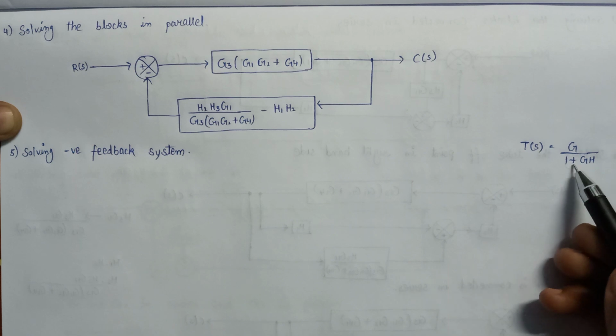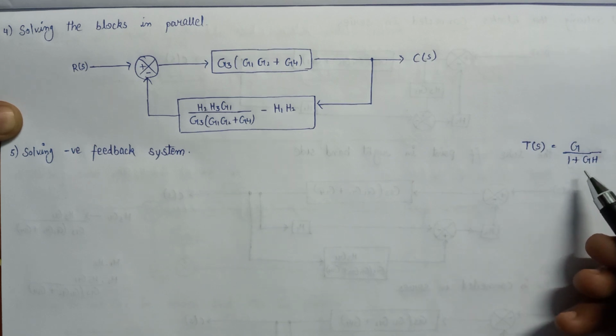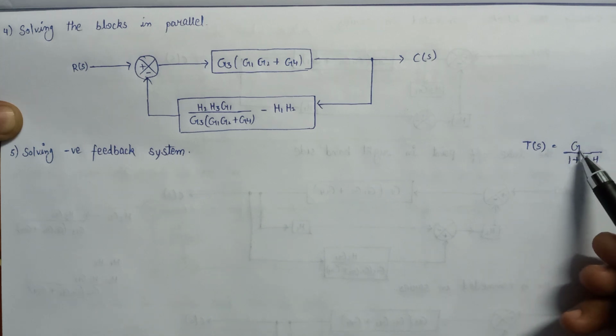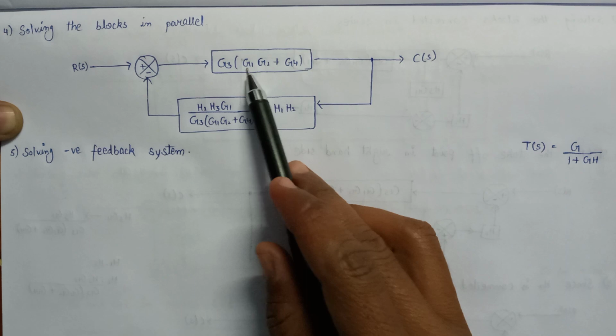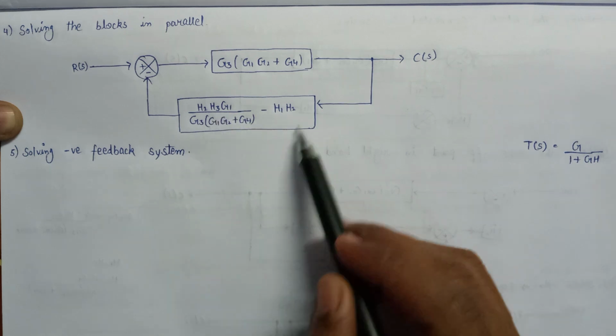Why is it a plus sign? Because it is a negative feedback. That's why we write plus here. Now here the forward path gain, that is the G value, is nothing but this value, and the feedback path gain, that is the H value, is nothing but this whole value.